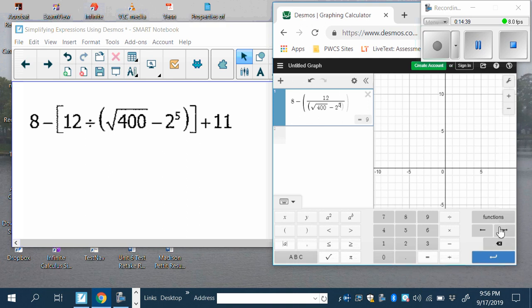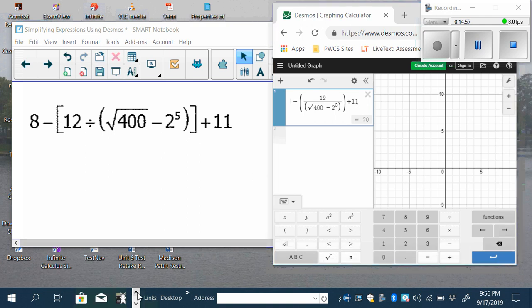Then arrow over, close this door, and then arrow over again. Do you see how I did that? And that just reinforces that. And then I do plus 11. And then we get 20.